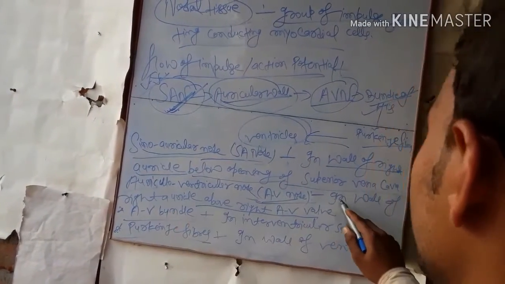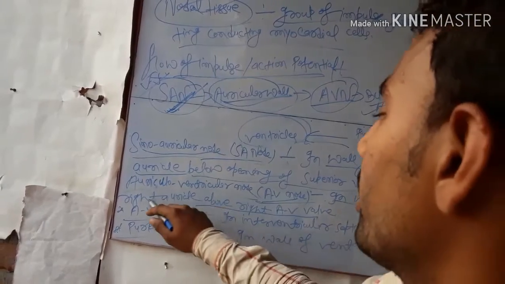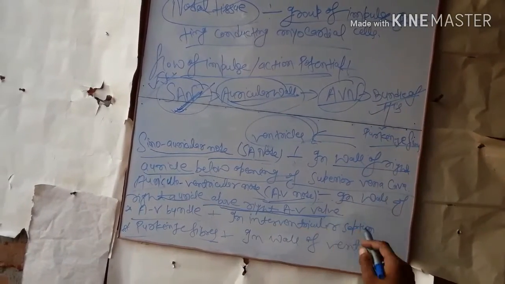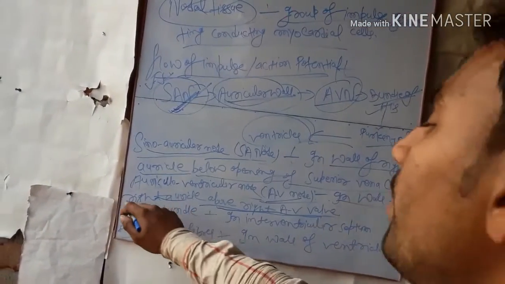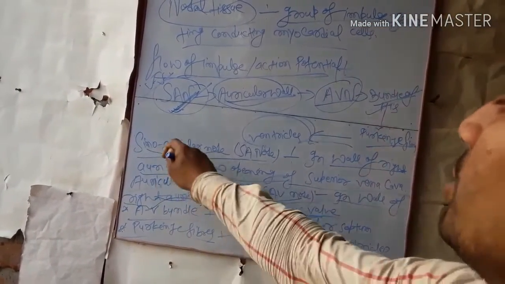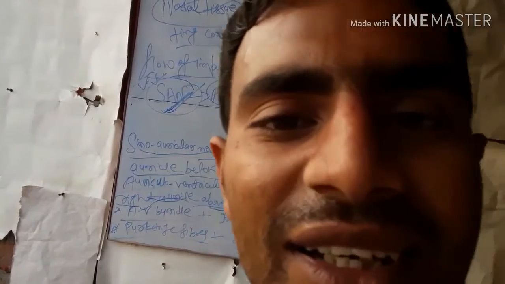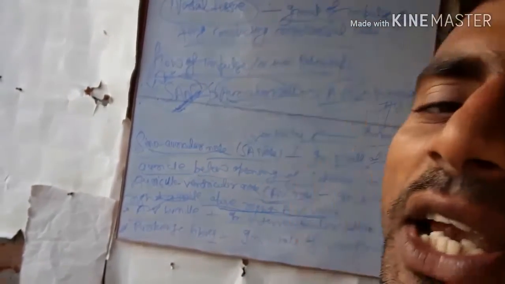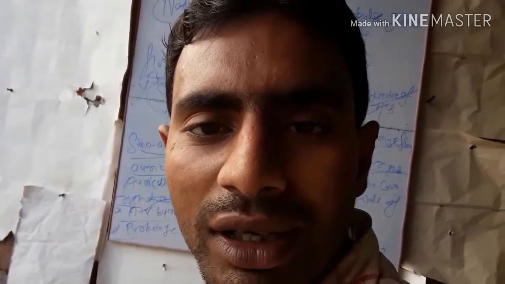The only difference is that the SA node is below the superior vena cava, and the AV node is above the auricular ventricular valve.